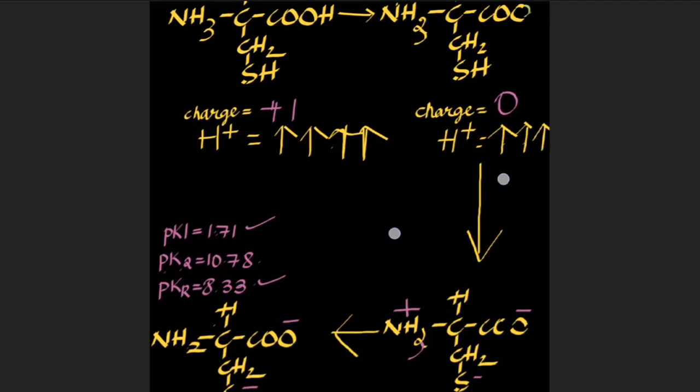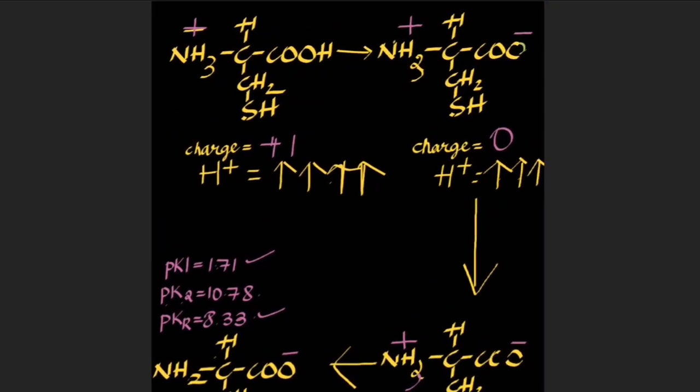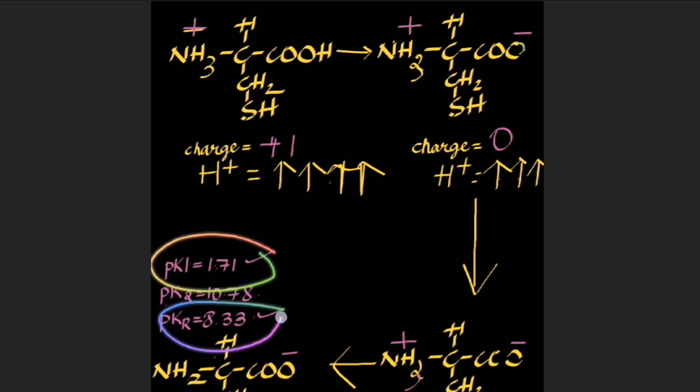Now we're going to take the values next to the Zwitter ion. So which values are these? This one is the pK1 value, right? And this one is the pKr value, right?